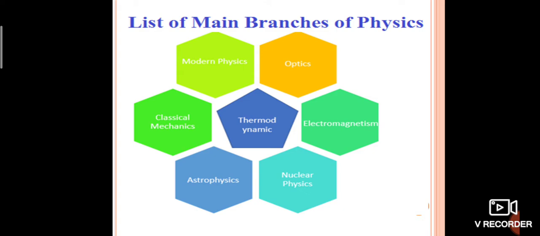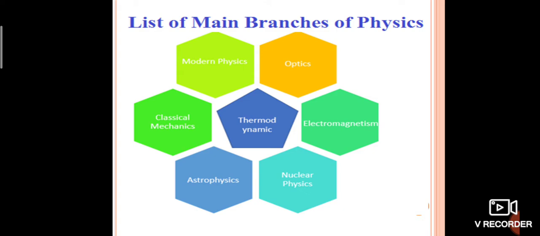Nuclear physics is the study of the nucleus of an atom at its constituent level. For example, protons and neutrons are the parts of a nucleus. The study of its parts and the whole nuclear behavior is known as nuclear physics.